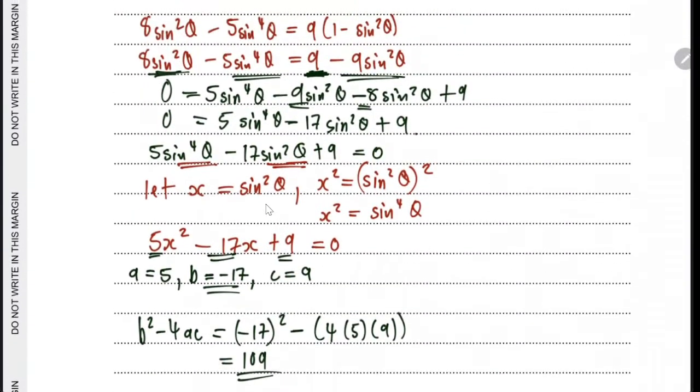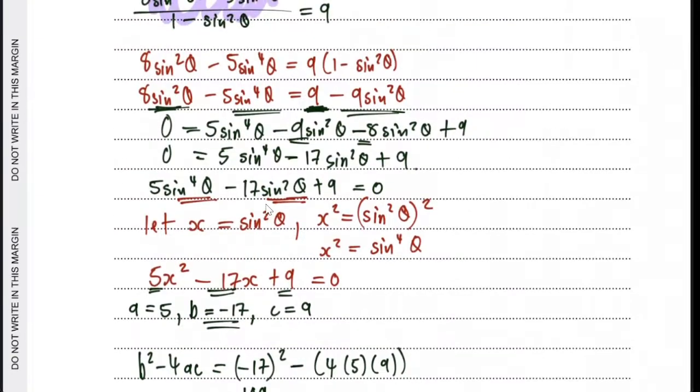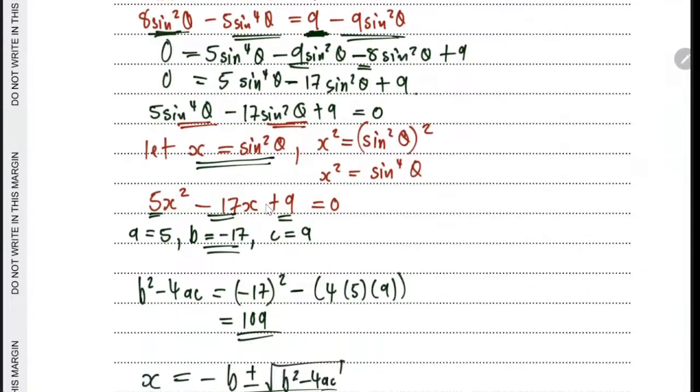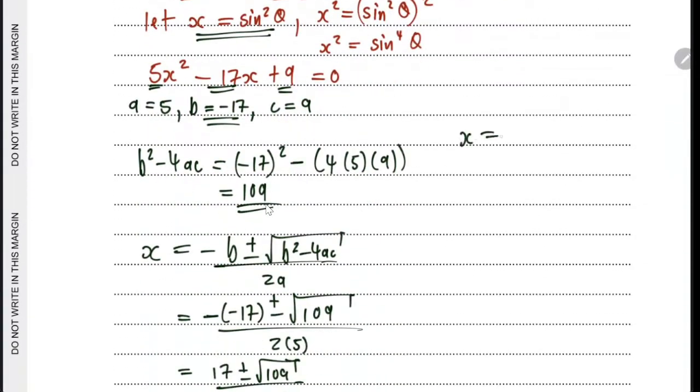Now you will come back and put it here. You remember? You come right here. This is the most important. You say x is equal to sine squared theta. Right? That's what you said. You said let it be, right? Now, but then you need to do some alterations. Yes, we know that's what you let, but we want theta.